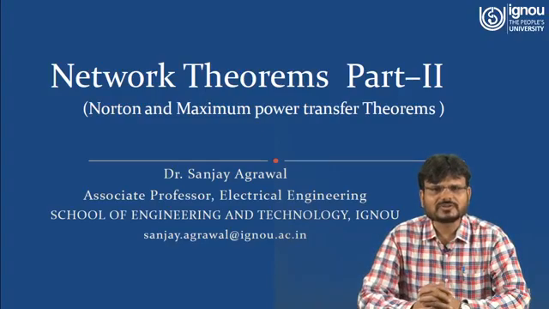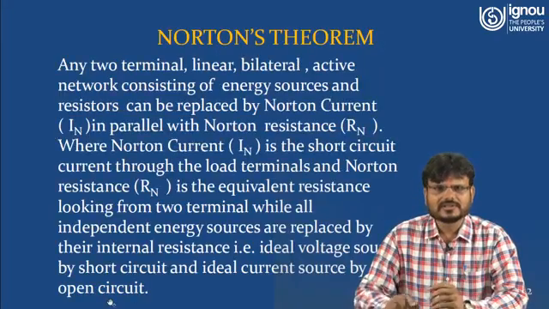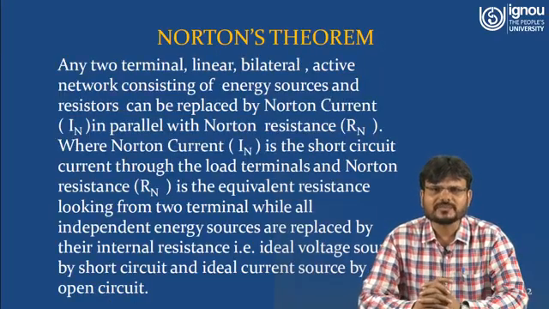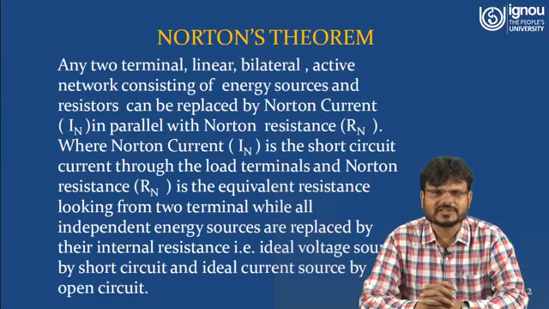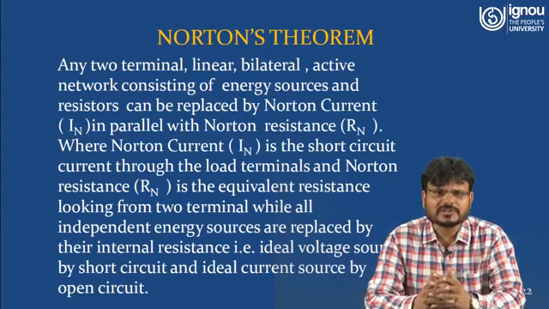So Norton theorem states that any two terminal bilateral active network can be replaced by a simple Norton current source in parallel with Norton equivalent resistance. And what is this Norton current? Norton current is nothing but the short circuit current through the terminals, and Norton resistance is similar to the Thevenin resistance.